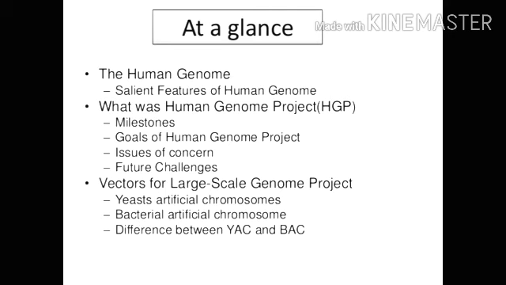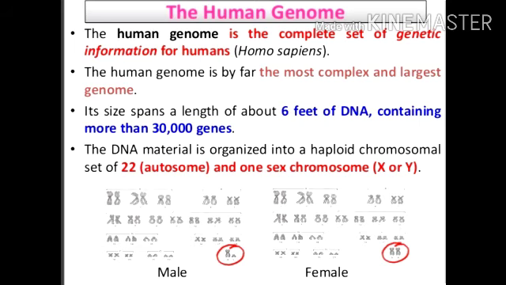YAC is yeast artificial chromosomes and BAC is bacterial artificial chromosome. And the last is the difference between YAC and BAC. But in today's lecture, we will discuss the salient features of the Human Genome Project, and second, what was the Human Genome Project.